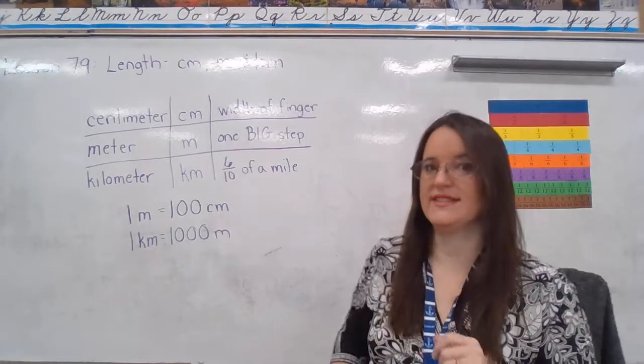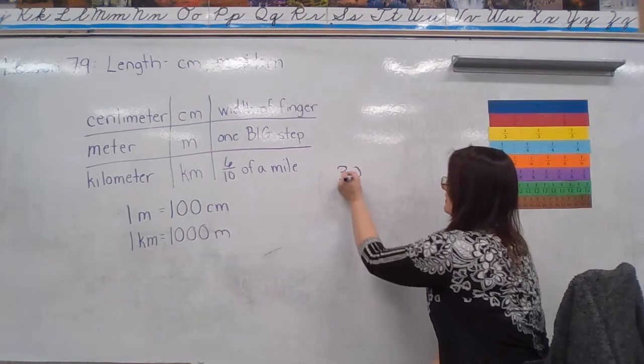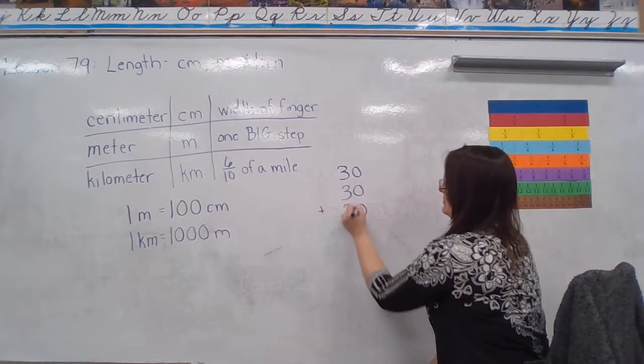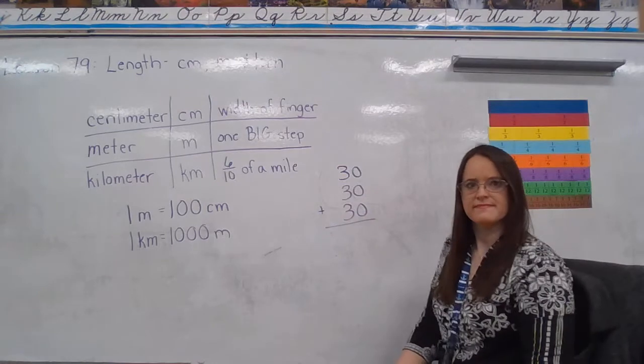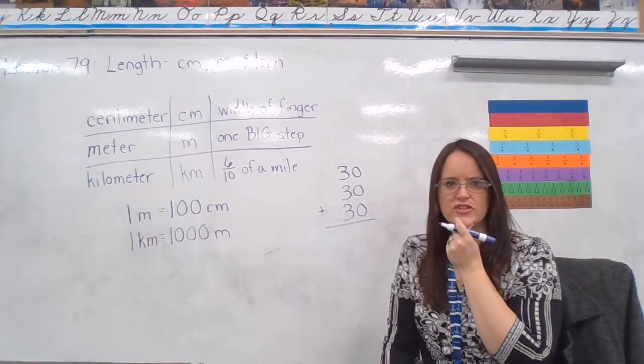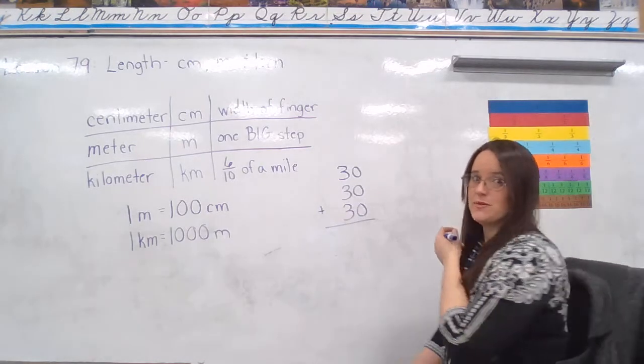You have 2 choices. We could do repeated addition. 30 plus 30 plus 30. Is there another way we can write a repeated addition question to figure out the answer? We could multiply.